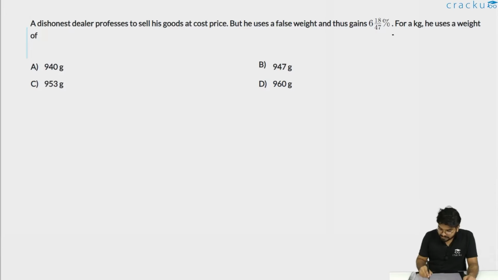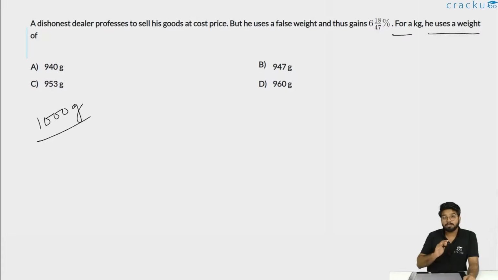Okay, it says that for a kg he uses a weight of 1 kg, that is 1000 grams. Now if he is showing that he is saying 1000 gram, he is not actually giving exactly 1000 grams, he is giving somewhat less. Let's say he is giving x grams less.